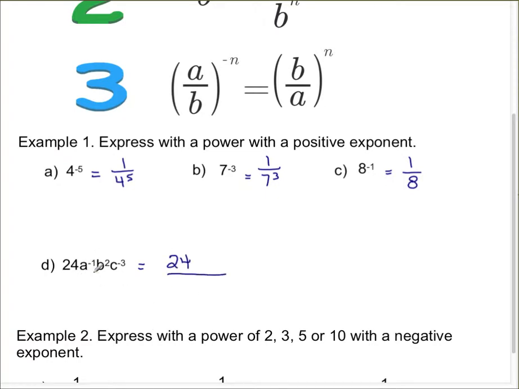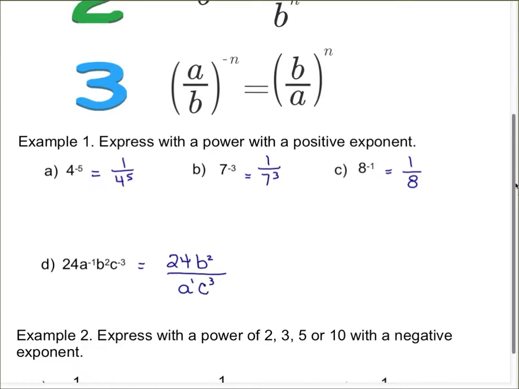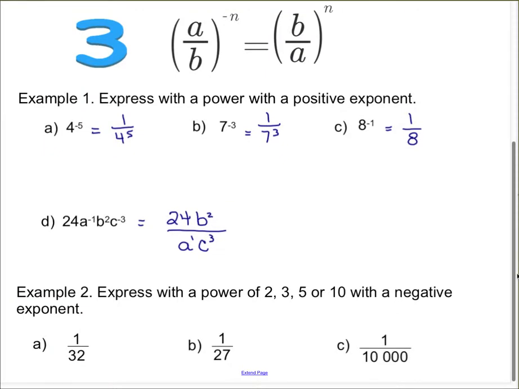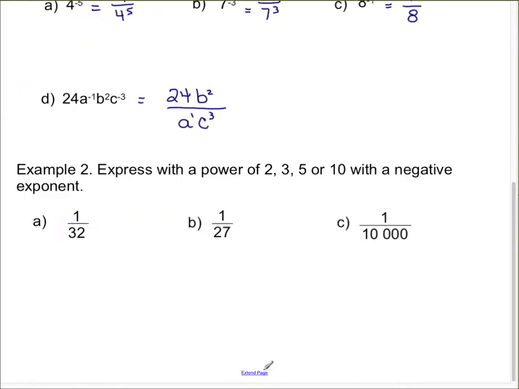A to the -1 has a negative exponent, so I'm going to shove it to the denominator, and now it's going to be to the positive 1. B squared doesn't have a negative exponent, so it's going to stay in the numerator as b squared. And c to the -3 is going to get shoved down into the denominator, and we're going to turn that to a positive 3.